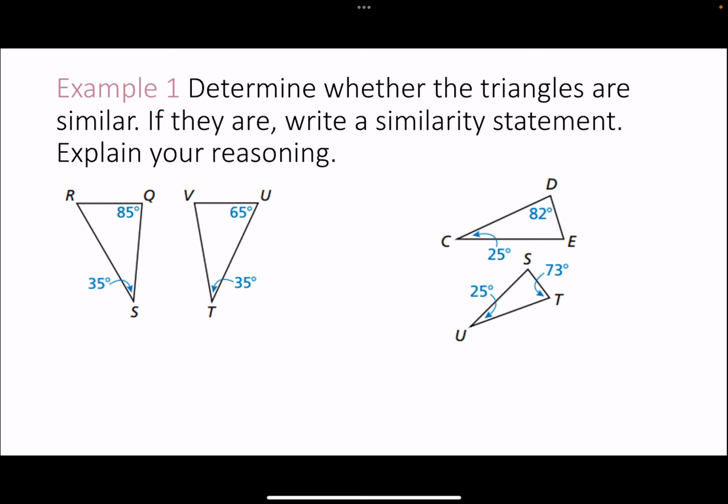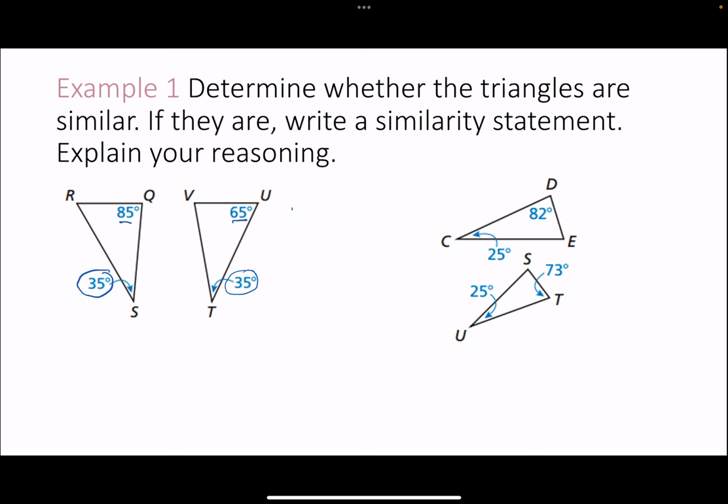So for our first example, we're going to see if these 2 triangles are similar to each other or not. And I see that we have a 35-degree angle, angle T, and angle S is also 35. So one set of angles is not enough to make the triangles similar, but we can check the others. When we notice that we have a 65-degree angle and an 85-degree angle, those are not congruent to each other.